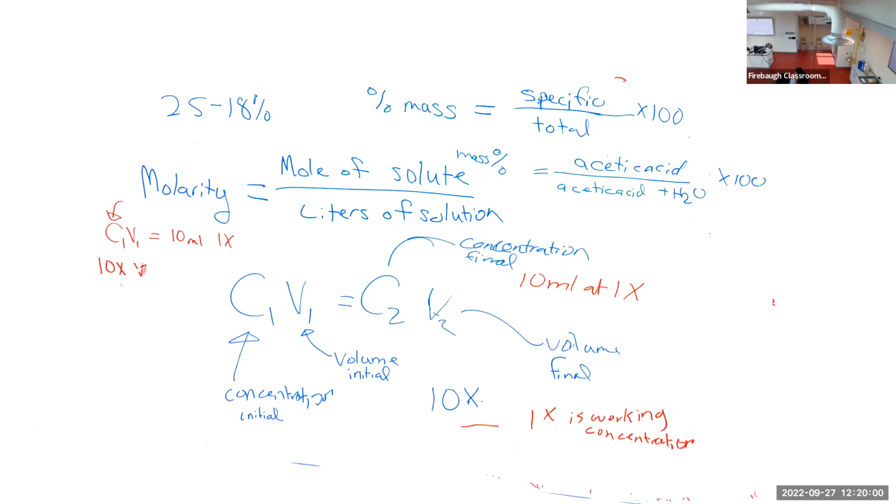We just solve for V1. So what is V1? 1. Okay. So the volume will be 1 mil. Does that make sense? Because it's 10 times greater, I only need 1 mil.